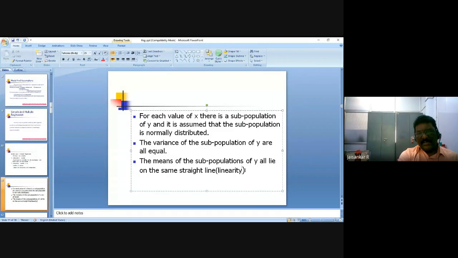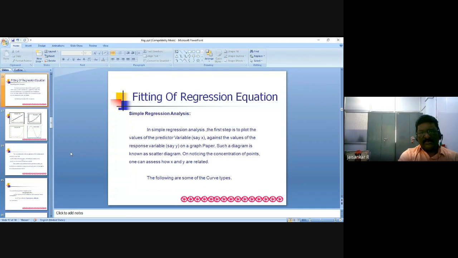There is a thing called the linearity assumption, which may also be verified by graphs. So how are we doing simple regression? Many of you just use the formula and find the results. But the first thing required in regression analysis is to plot the points x and y. Remember that if there are more than two predictor variables, then plotting and understanding the plot won't be easy.